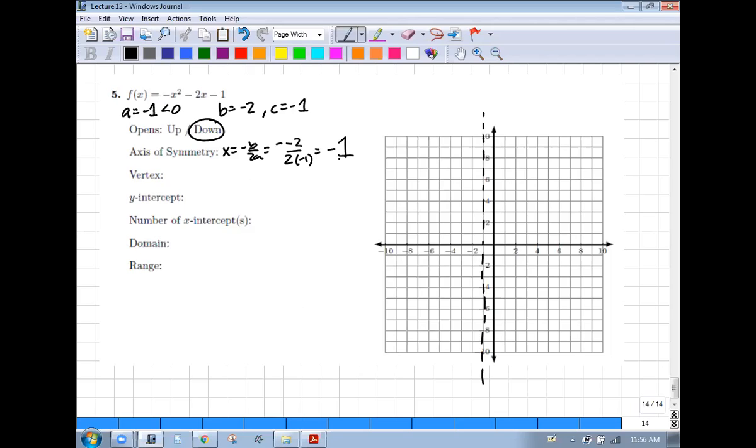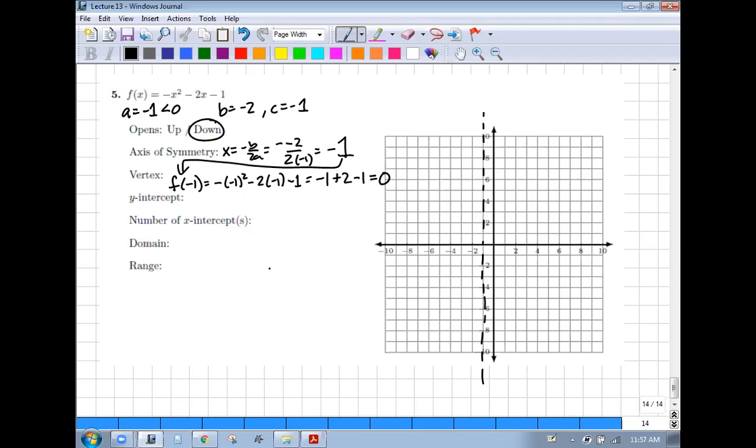To find out where our vertex is, it lies on that line. So let's plug in a -1. We got a -1 squared minus 2 times a -1 minus 1. So let's see. -1 squared is 1, but we have a minus in front of it. -2 times a -1.